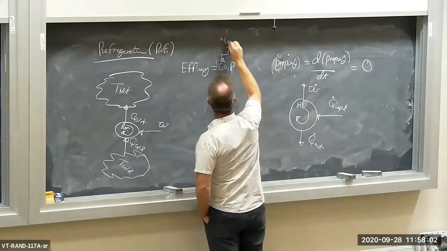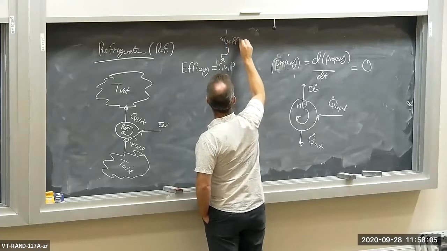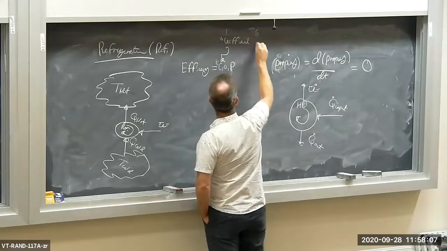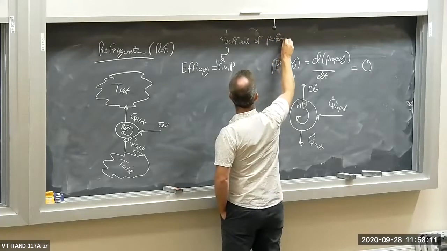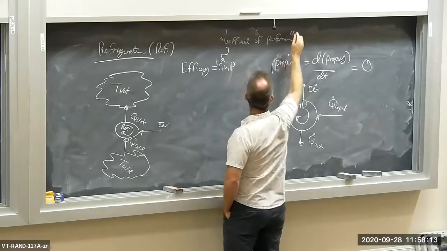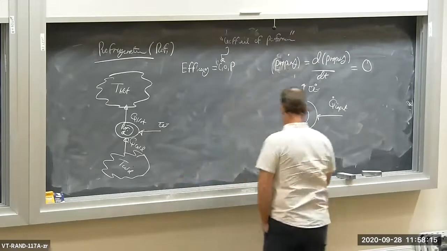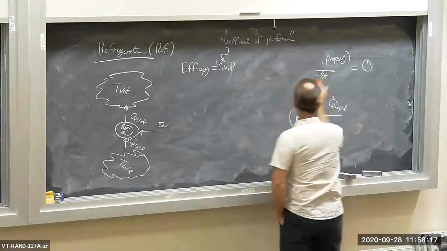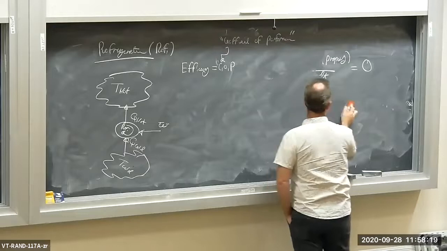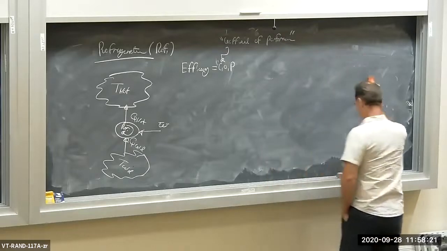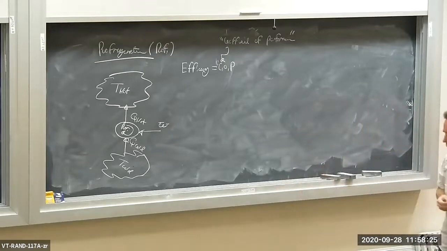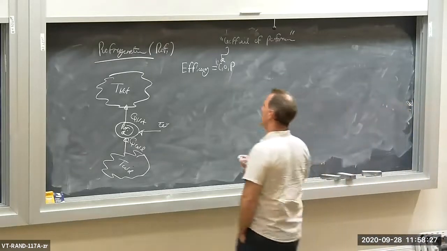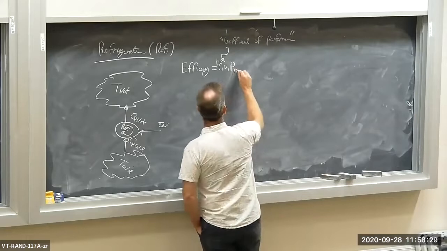COP is coefficient of performance. Instead of using the symbol Greek letter eta, as we did for the heat engine, I'm going to use COP, coefficient of performance. This is a refrigerator, so I'm going to write REF.